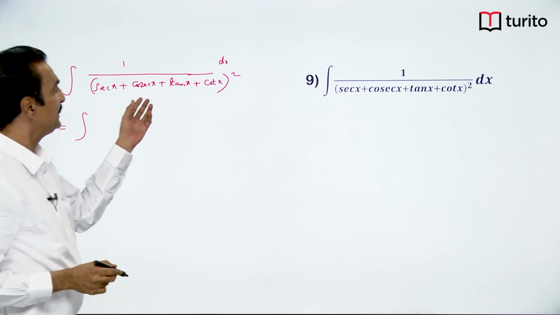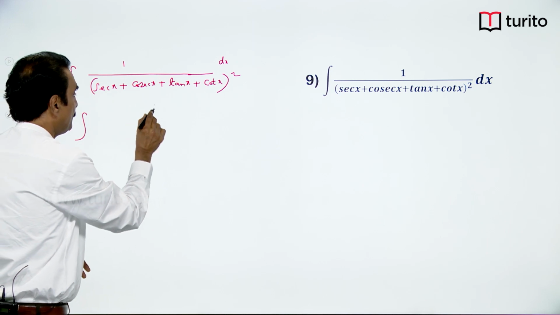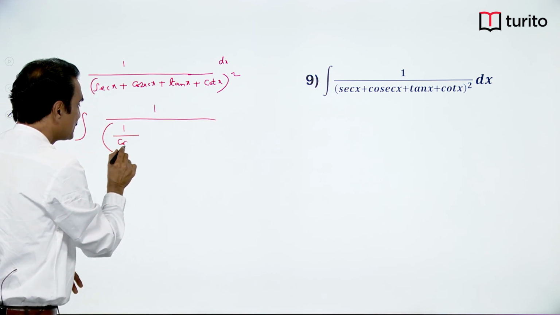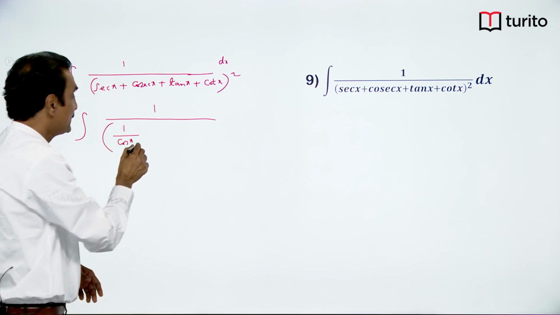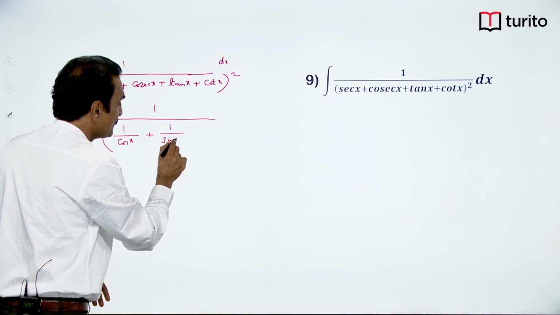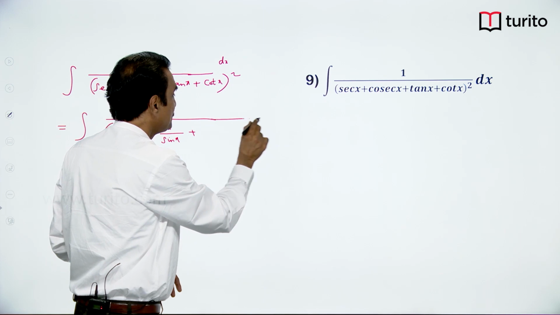Write every term in sin and cos. 1 upon, secant x is 1 by cos x, plus cosecant x is 1 by sin x, plus tan x plus cot x.